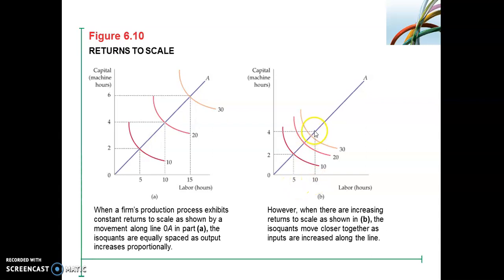We can see that with a doubling of our inputs, output, which was initially 10 units, has more than doubled. So a doubling of inputs has led to a more than doubling of output. Hence, this is an example of increasing returns to scale. You can see it is beyond this isoquant that is equal to 30.